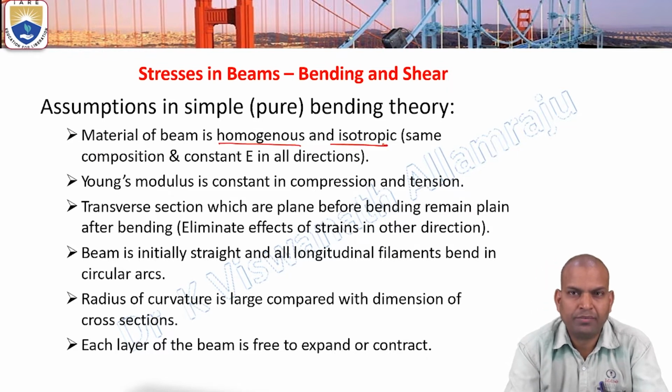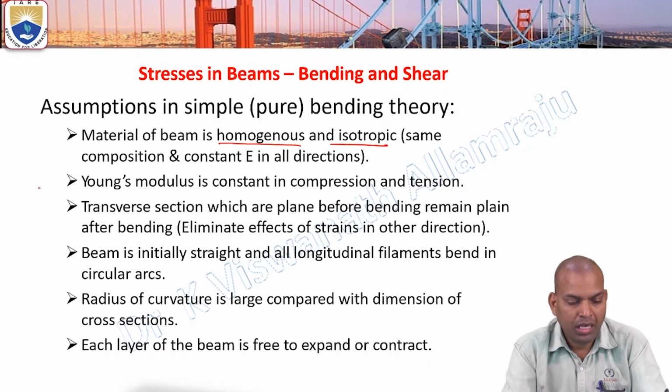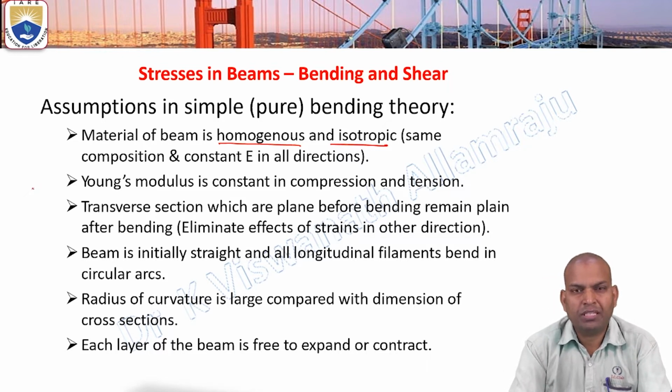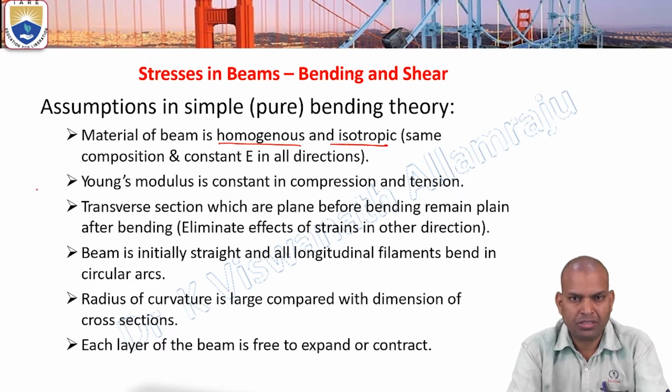That means it has the same composition and constant E, the modulus of elasticity, in all directions, I mean the X, Y and Z directions. And Young's modulus of the material is constant in compression and tension. There is no change, because it is a material property and remains the same.